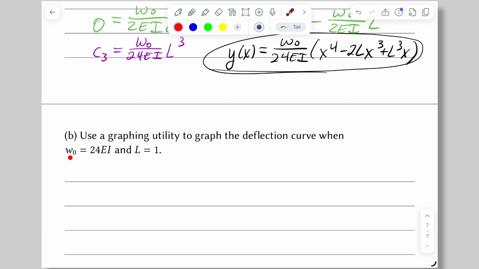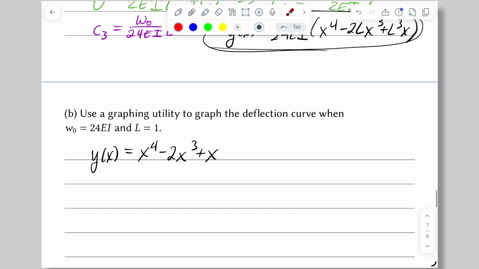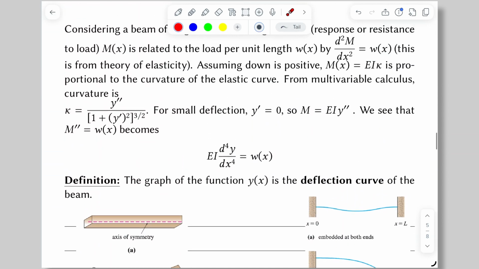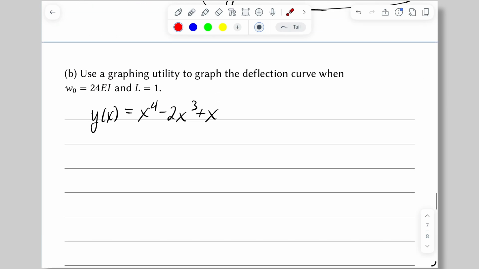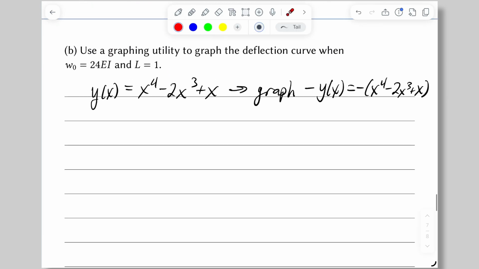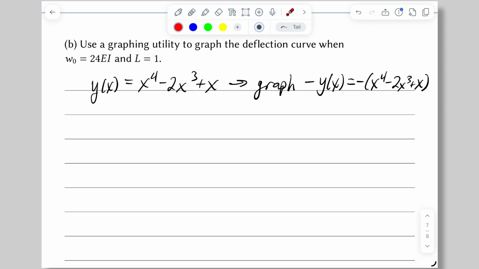How nice is this? W naught is 24EI and L is equal to 1. So then with that, y of x turns out to be simply x to the fourth minus 2x cubed plus x. But remember, at the beginning of this conversation, we assumed that down was going to be positive. So what we actually are going to graph is the negative of what I just said.